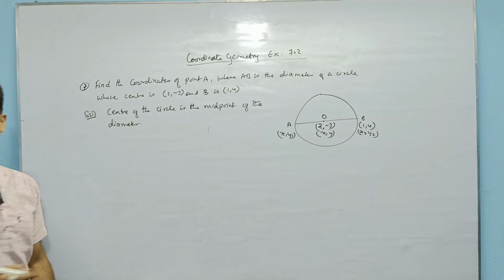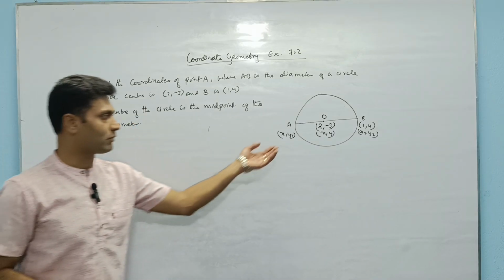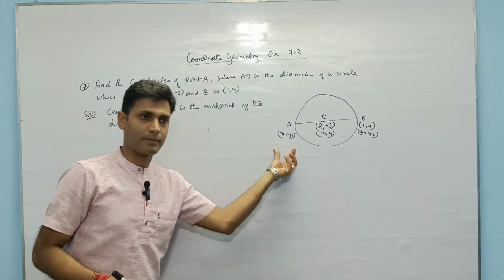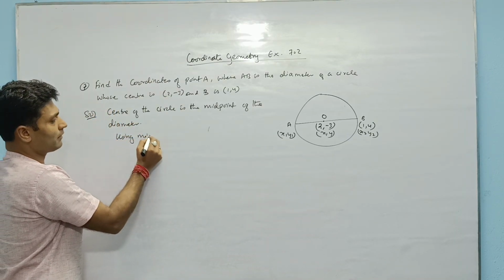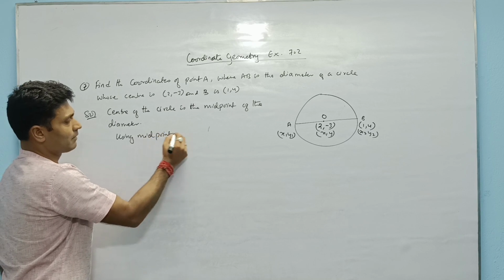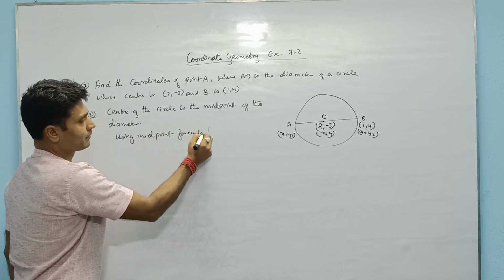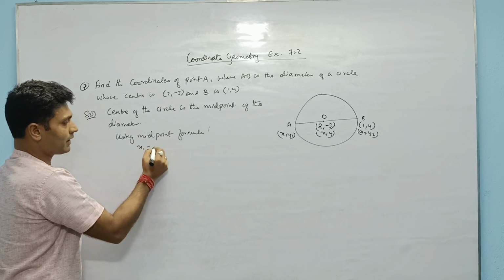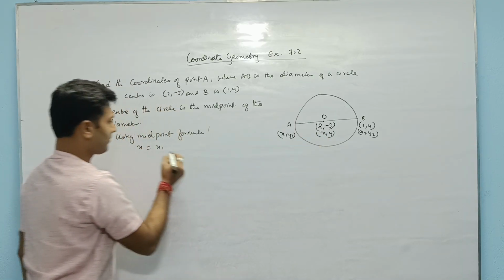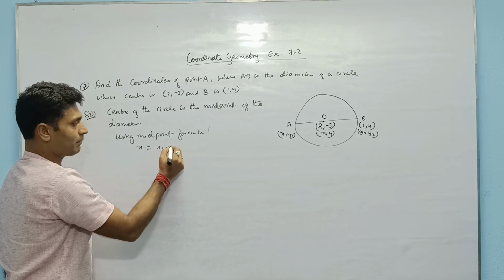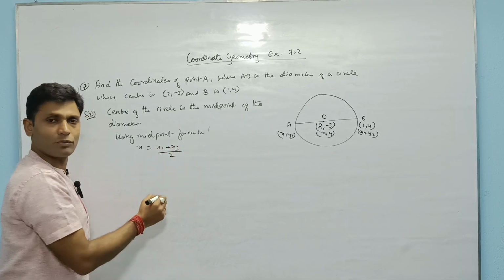Right? So we can use the midpoint formula to find the coordinates of A. Right? So using the midpoint formula, x is equal to x1 plus x2 by 2.